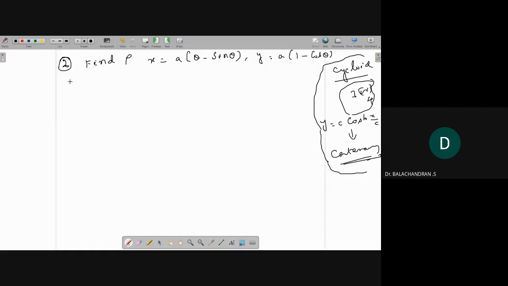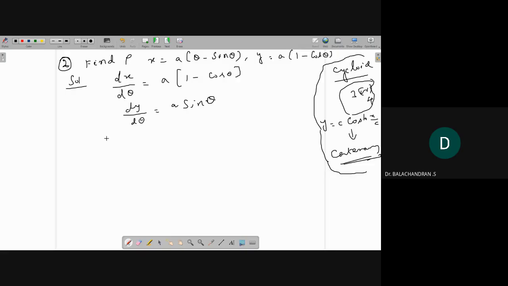So first, dx by d theta equals a into differentiate with respect to theta (1 minus cos theta)... then dy by d theta: a into, if you differentiate cos theta, you'll get what? Minus sin theta, so minus of minus is plus, so a sin theta.